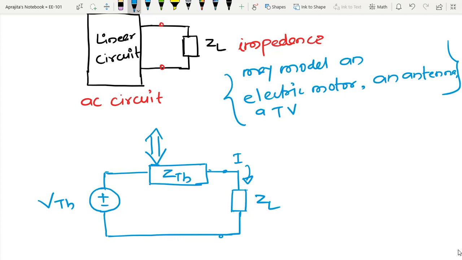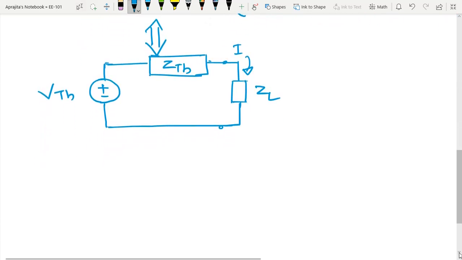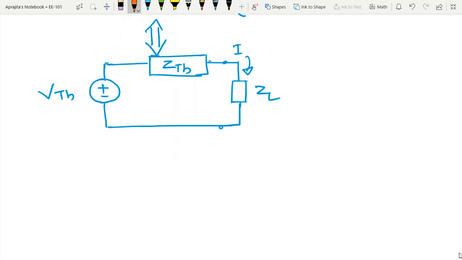Let us represent this in rectangular form.